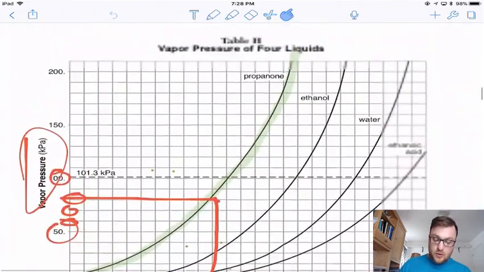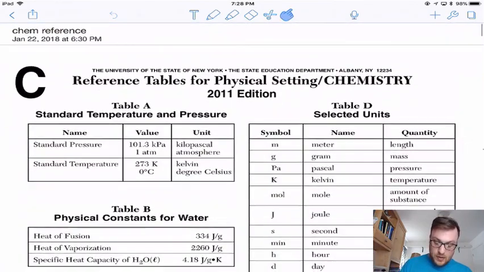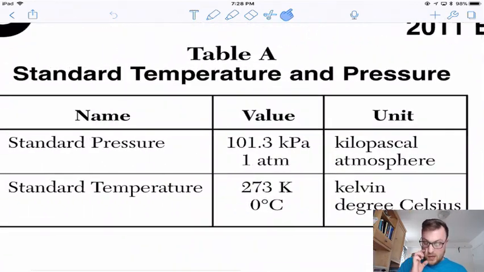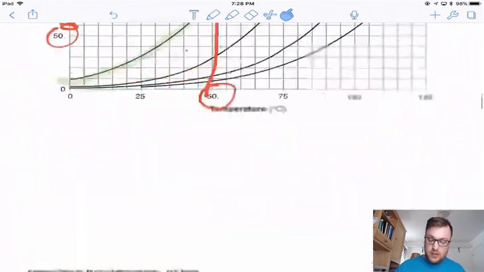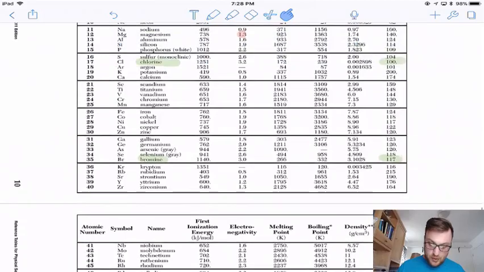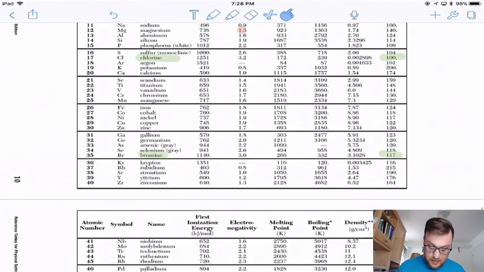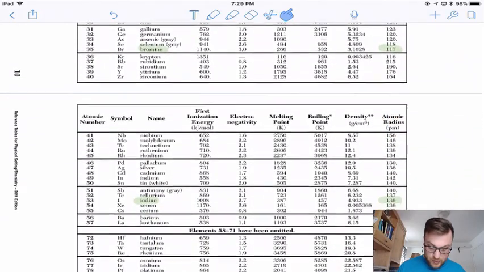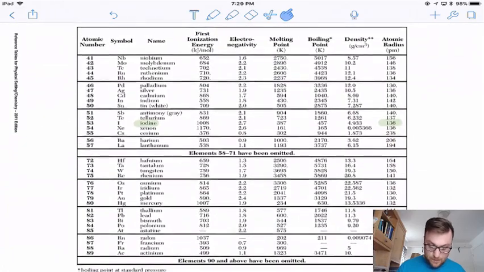Just to show you what I was talking about, there's STP right there. You see 1 atmosphere, you played the association game. I remember seeing this before. 1 atmosphere is 273 Kelvin. That's STP. Unfortunately, we just needed to look up the melting point of mercury, which is atomic number, it's a big one, 80, yep.